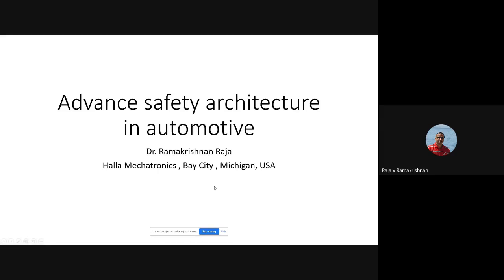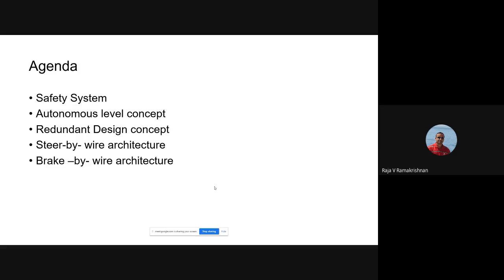So the topic here is advanced safety architecture in automotive. Agenda-wise, we will show what a safety system means, what the different levels of autonomy are, and what we do to meet the safety and autonomy level. What is the connection between safety and autonomy level? We will also go into design concepts, one of which is the redundant design concept.